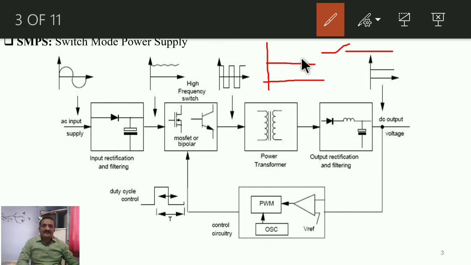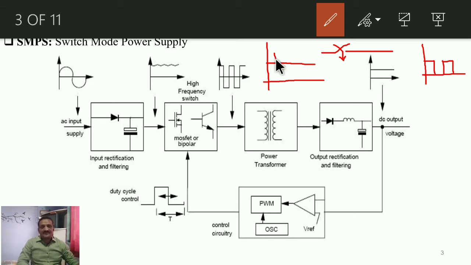The DC is applied to this switch, which is turned on and off momentarily, so that the obtained output will be a pulsating DC with the same amplitude as the applied input. There will be no reduction in the amplitude of that pulsating DC. Only due to the switching, the output will be pulsating DC in nature.